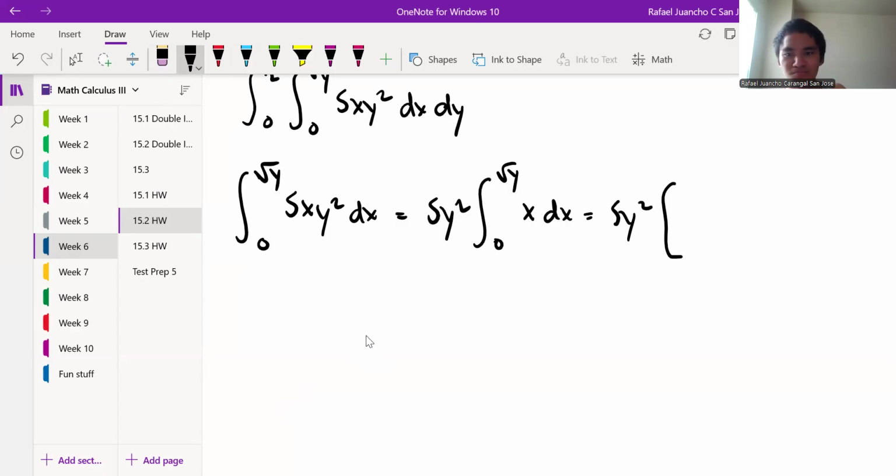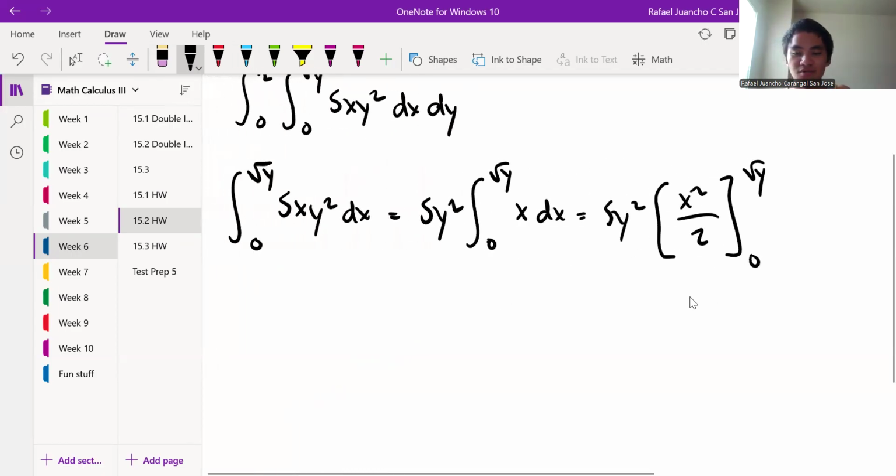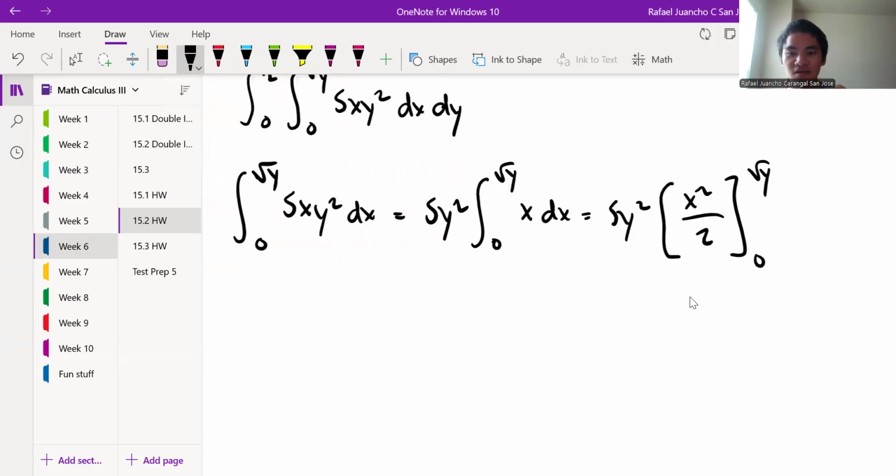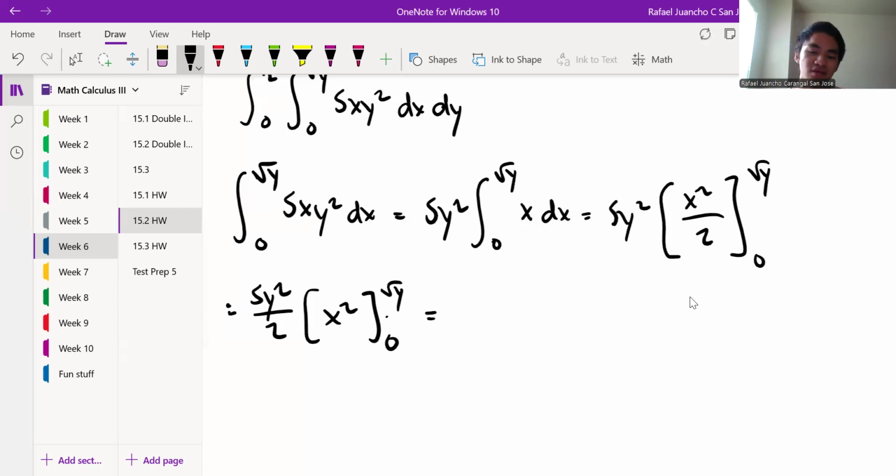Evaluated from 0 to square root y, okay? And then what else can we do? We can kind of take out this 2. So I'm going to do 5y squared over 2 of x squared, right? And then this is just going to be what?